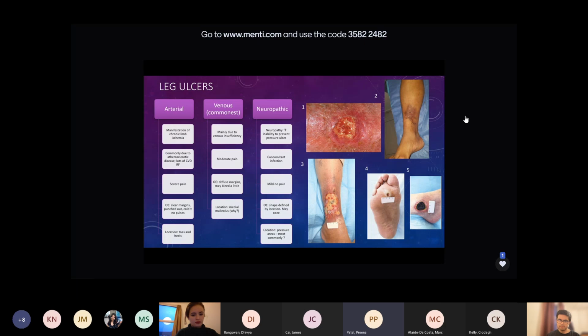Number three. Number three is venous. Yep. Number four.